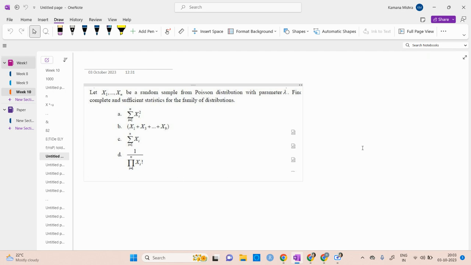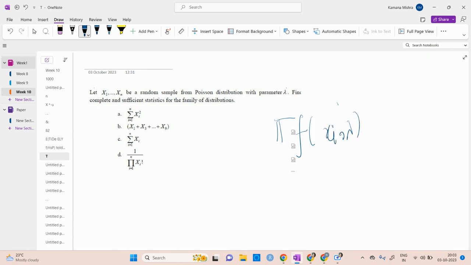So sufficient we can find directly. Yes. So we will find product f(xi, lambda).